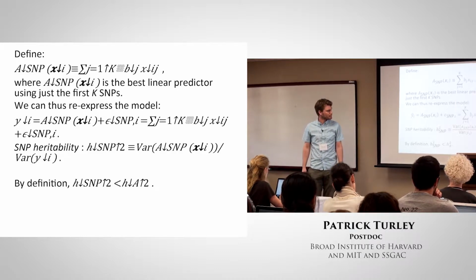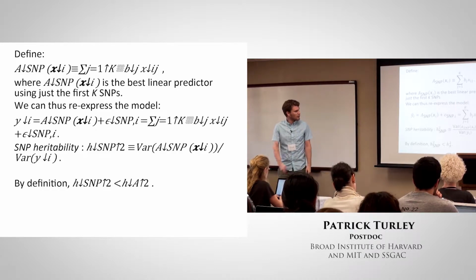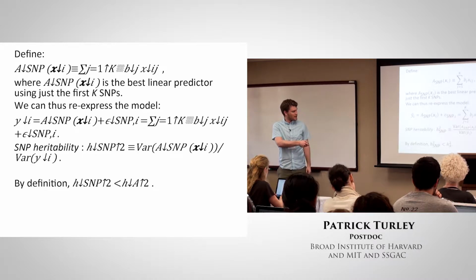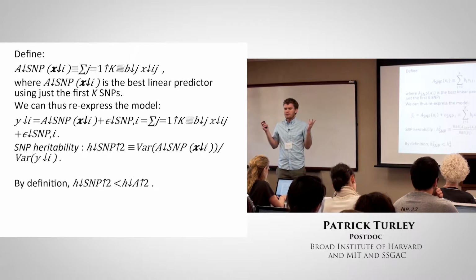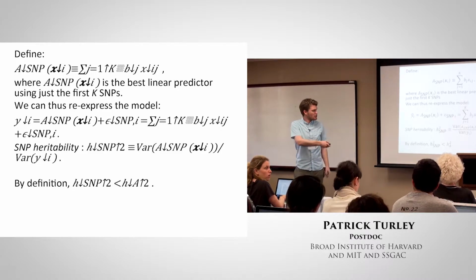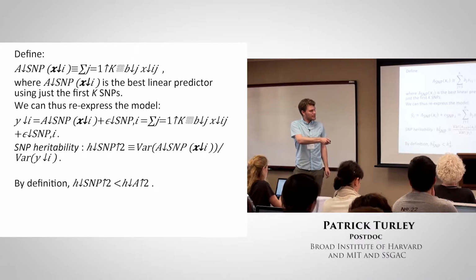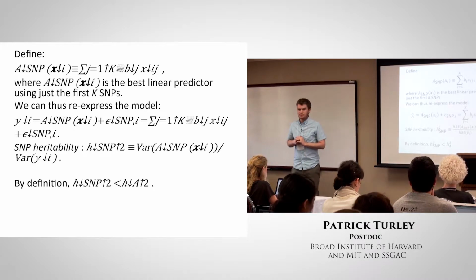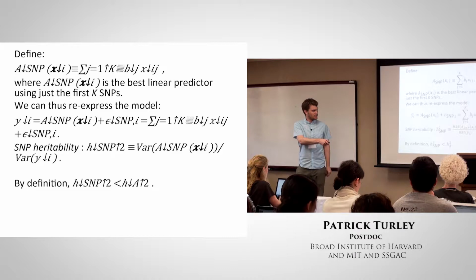variants. Okay, so now instead of saying narrow sense heritability, we'll often talk about the SNP heritability. When we say SNP heritability, we mean how much variation is explained by just the set of genotyped SNPs relative to the total variation in the phenotype.